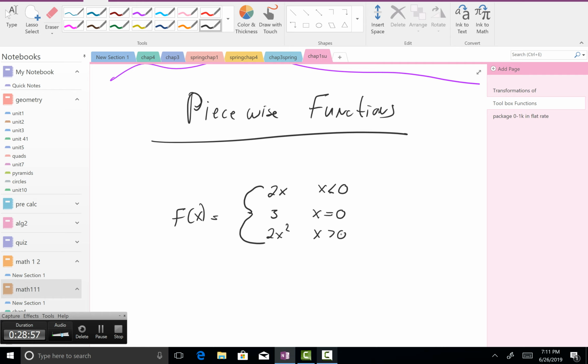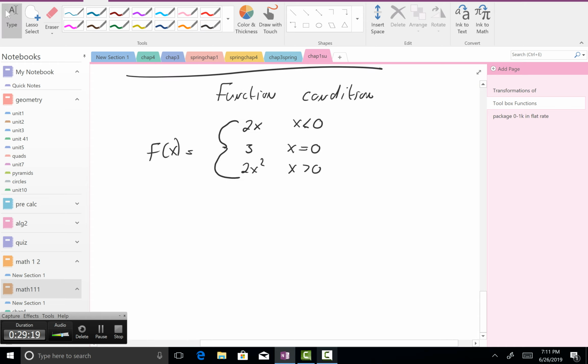So let's say that x is less than 0. When x is less than 0, what kind of a function is that? We should know that now. 2x is a what? Linear. So, for example, if I have negative 1, I'm going to have a negative 2.